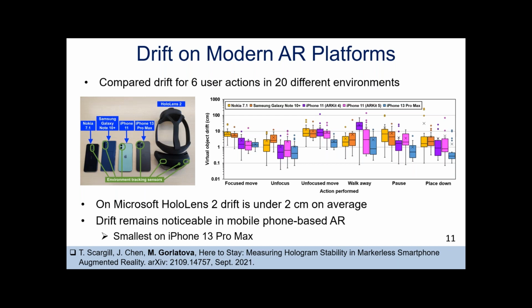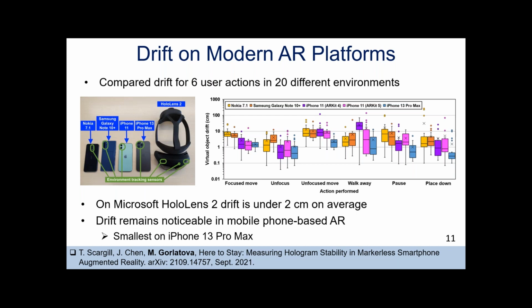So while there are some platforms that are good, that only result in drift of around 2 centimeters on average, for many, this core ability of reliably placing content in context of the real world and having it stay there just isn't available still, despite all the advances that have been made in the area of mobile AR. So overall, while the capabilities are stunning, there is a lot of work to be done to make it reliable for sure.